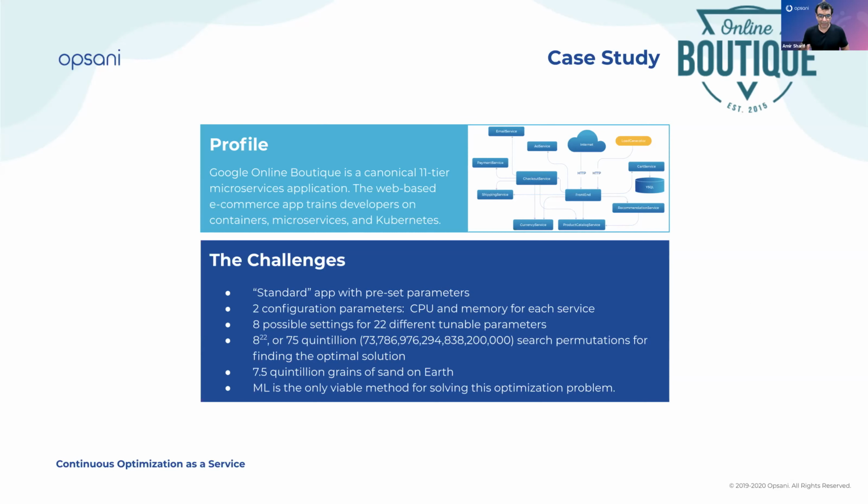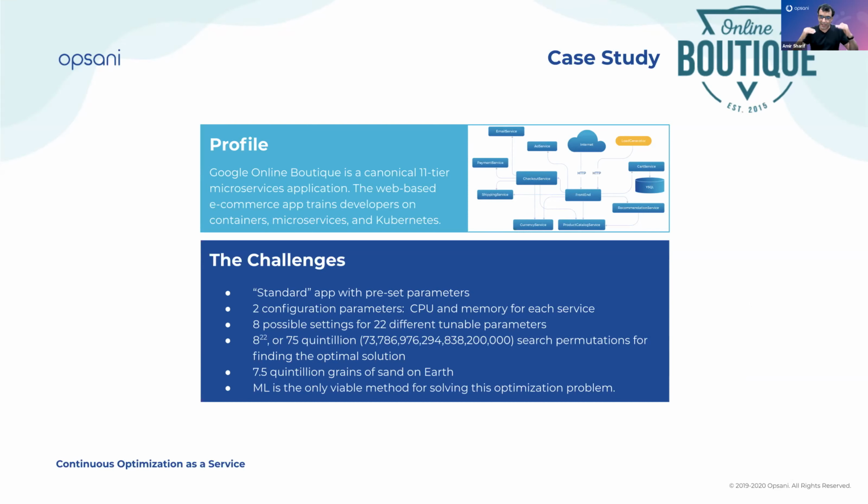Now, let's take these 11 different services. Stay with me: 11 different services, and we're going to tune two parameters per service, CPU and memory. Together, 2 times 11, we have 22 parameters.